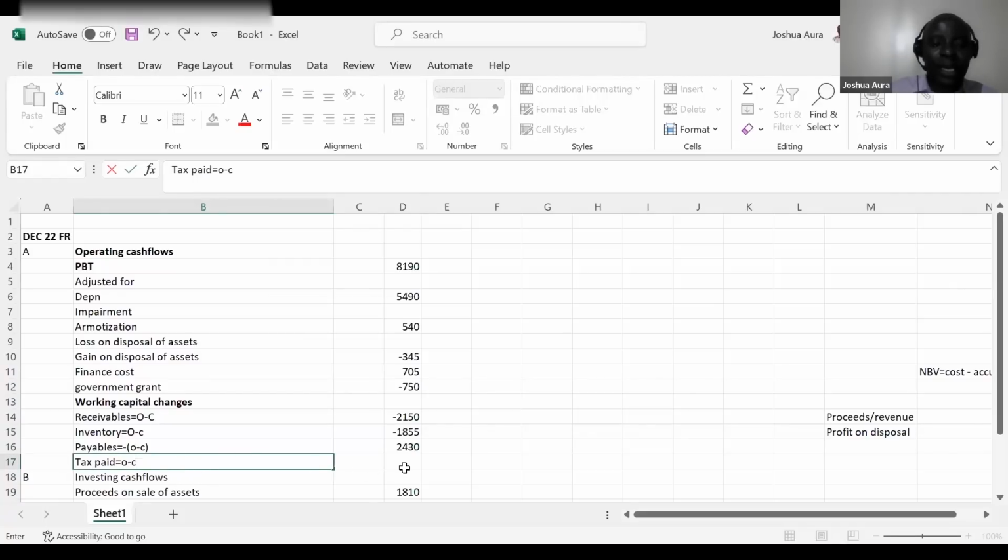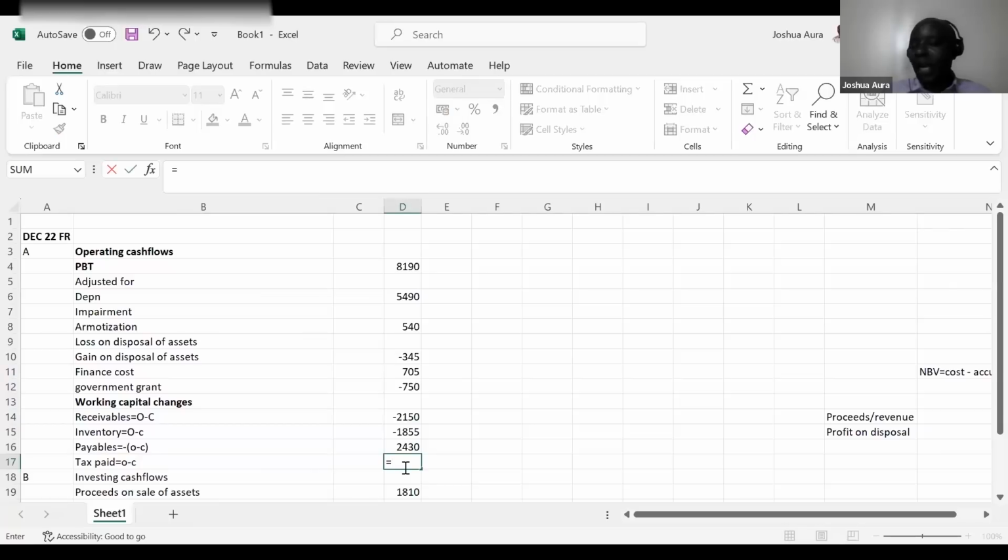And the tax, I'll say equals. I will take the 27.25, plus 810, and then minus 26.85, and then minus 1920, plus 26.55, like that.